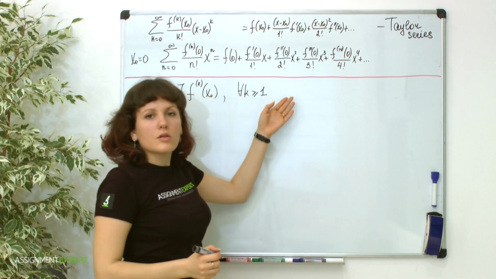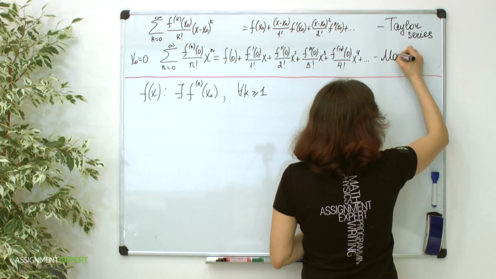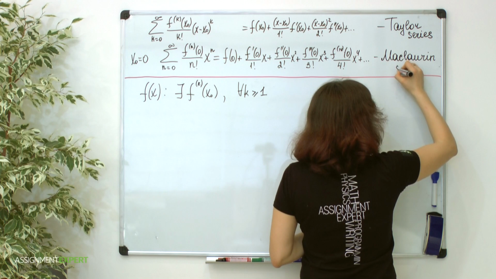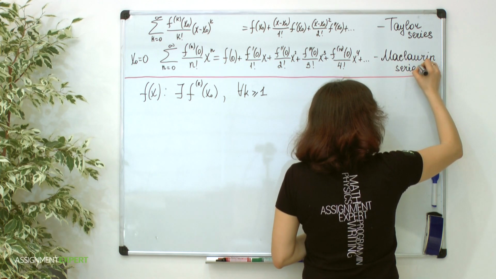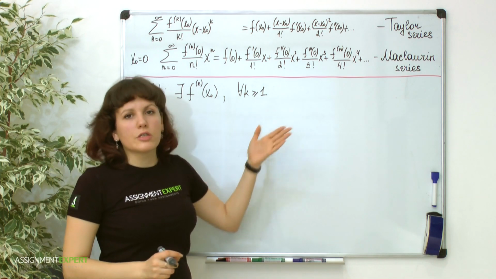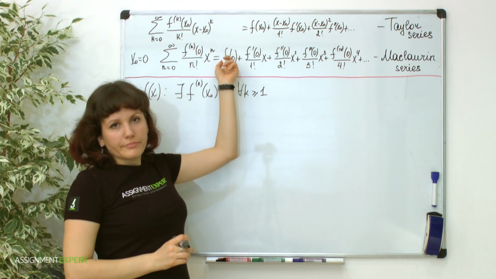And this series is called Maclaurin series. So, Maclaurin series is Taylor series of function f of x in the vicinity of point 0.